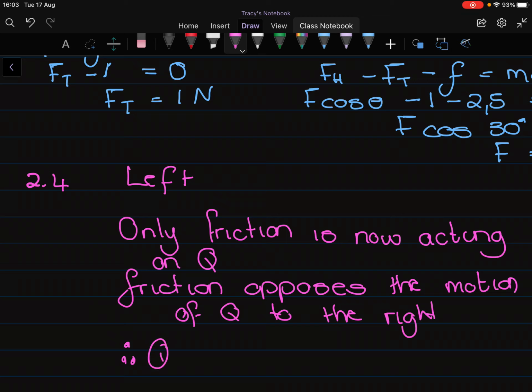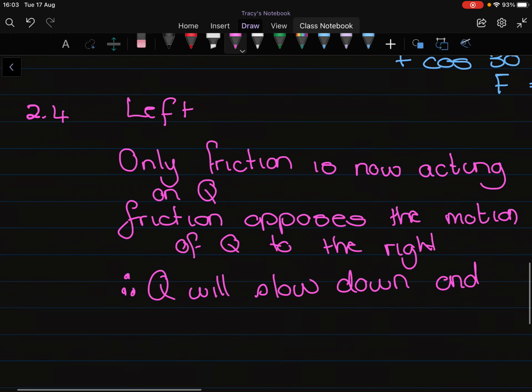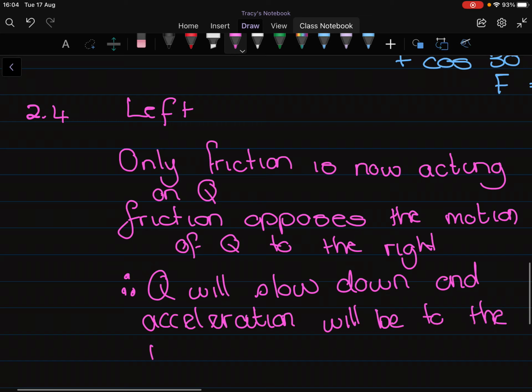Therefore, Q will slow down and acceleration will be to the left.